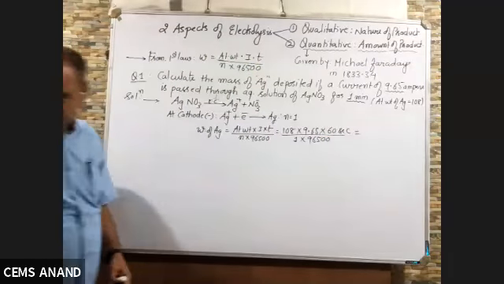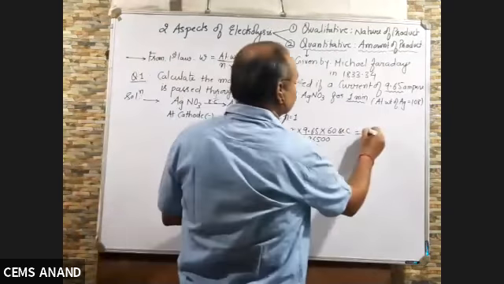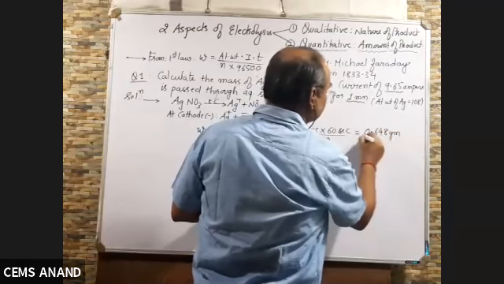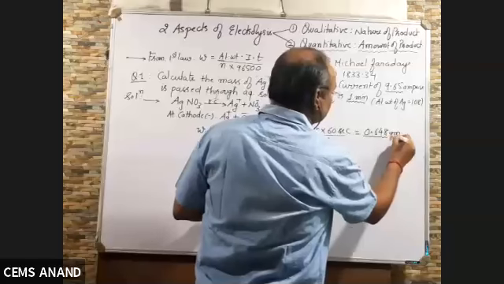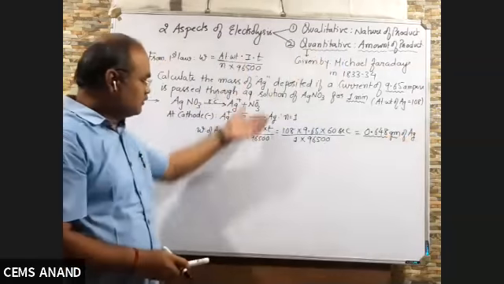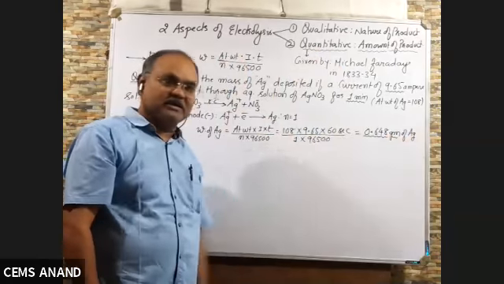If you solve this, the answer will be 0.648 gram of silver. You can use this formula in your competitive examination. Directly you can put the values and find the answer, right?